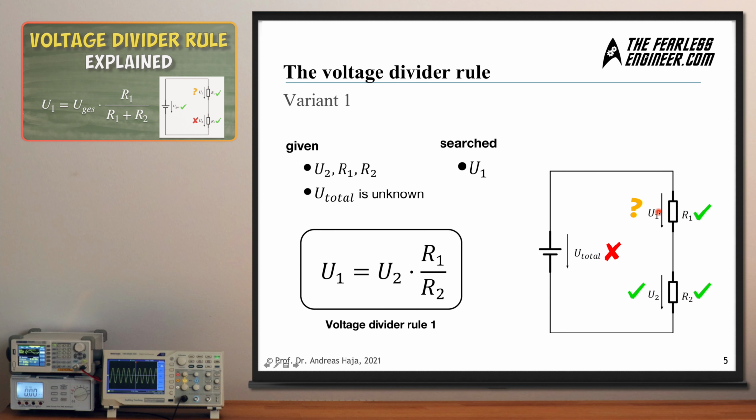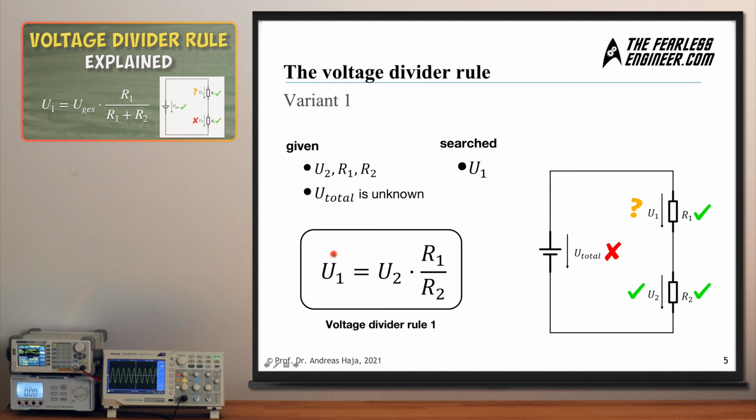We have two voltages dropping across the resistors, and we are given the second voltage drop. We have both resistance values, and we are looking for the voltage drop across the first resistor. And we are not given the total voltage of the source in this example. For this first variant, you can apply this rule here, which you can see on the left side.